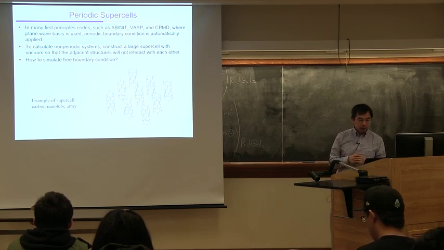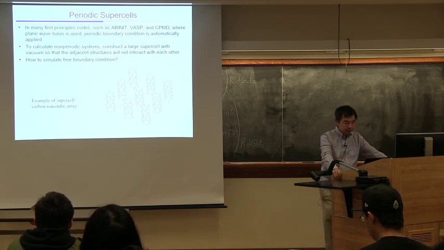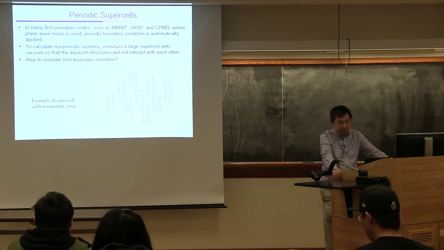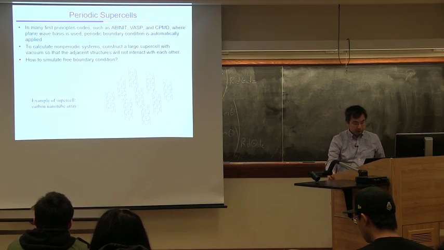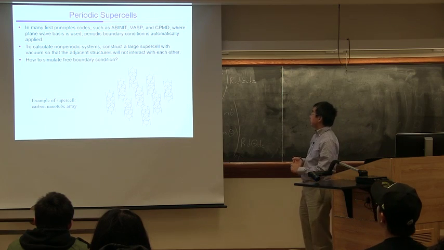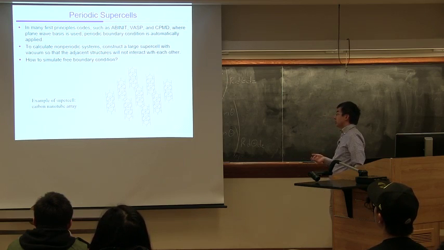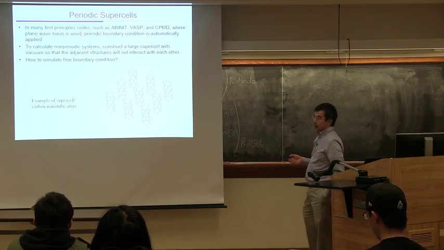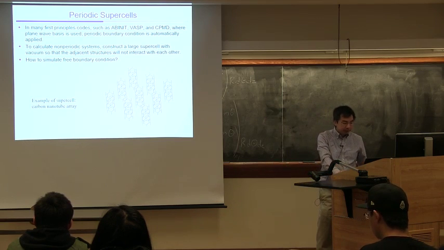All right, another issue here is the use of a periodic supercell. Because of the periodicity of the systems we deal with, many of the first principles computer codes, such as ABINIT, VASP, CPMD, or Quantum Espresso, especially Quantum Espresso and ABINIT, are open source codes that are free for academia.